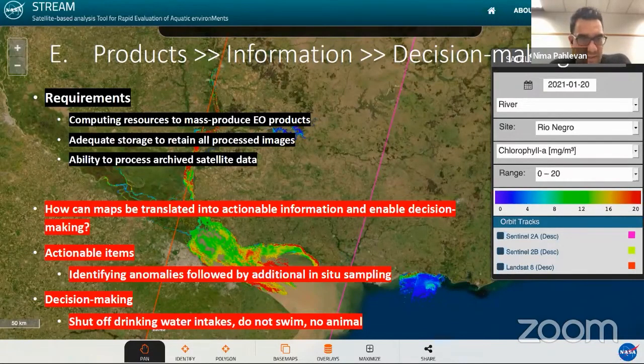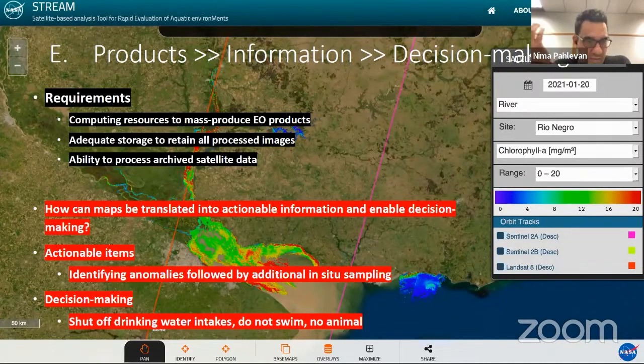You need to have adequate storage to retain all the processed data. You have to have the ability to process archived satellite data to create time series going back into the 80s and 90s. And the question is really how we can translate these products into actionable knowledge, and what are the ways to improve these products overall.